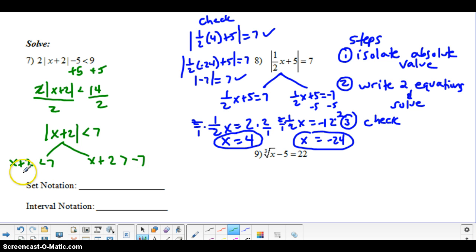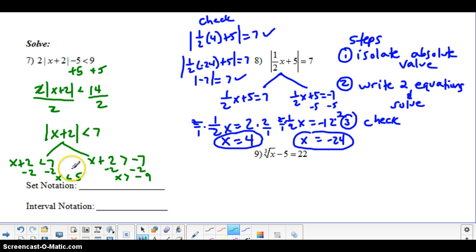So we'll solve for x now. We subtract 2 from each side, and we get x is less than 5, and x is greater than negative 9.